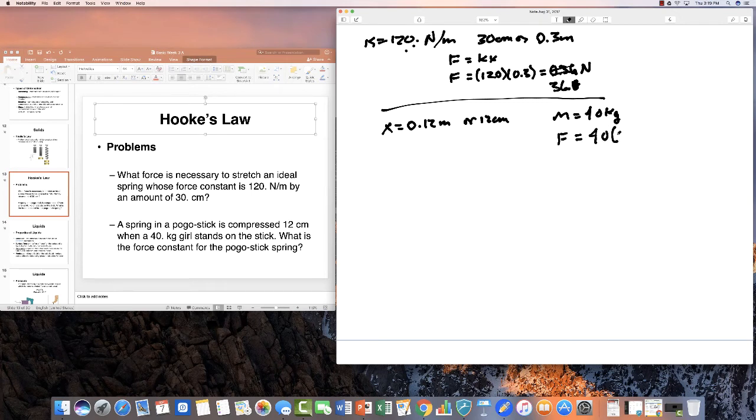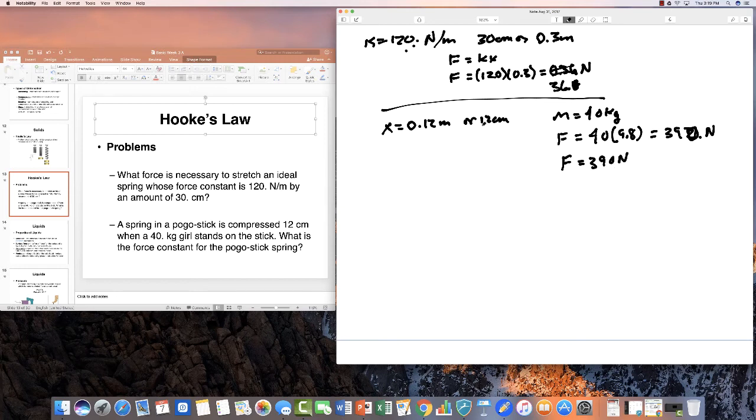So that's going to be 40 times 9.8, which is gravity. And so that's going to equal 392 newtons. Okay? And actually it'd be 390 with the significant figures. And so we have F is equal to 390 newtons.